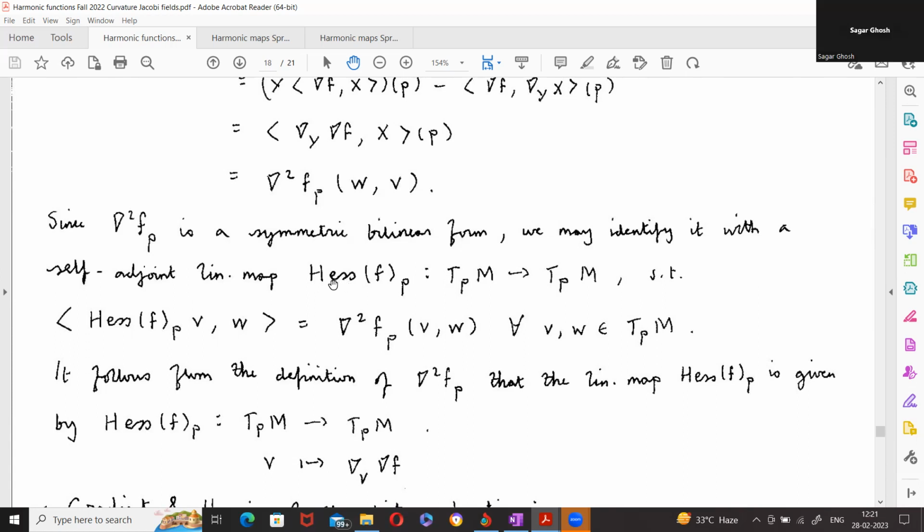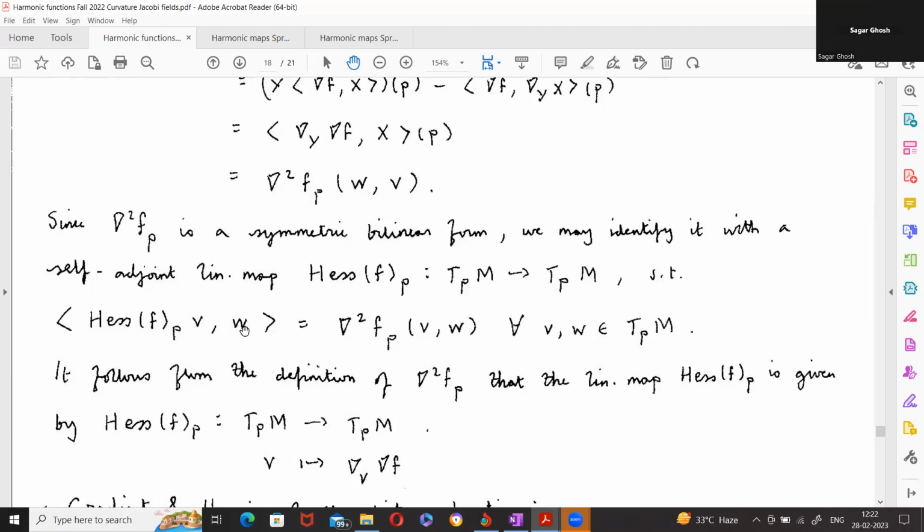That's going to be a linear map from TpM to TpM. So what is the correspondence between symmetric bilinear forms and self-adjoint linear maps? The symmetric bilinear form nabla squared f acting on V, W is given by the inner product of the self-adjoint linear map Hessian f acting on V, inner product with W.